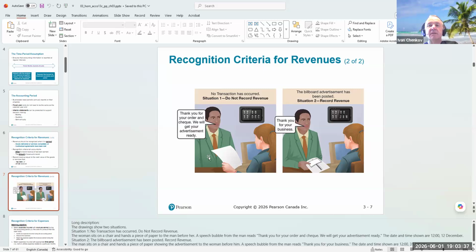Let's say that service is for 1 month. Now, at the end of January, once the service is delivered, can they recognize the revenue now?